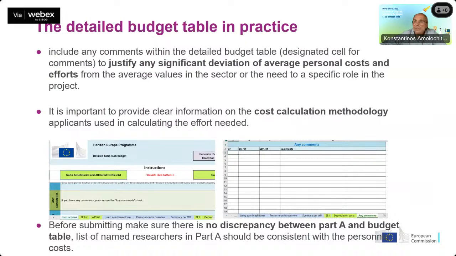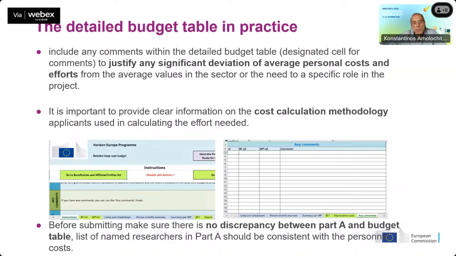Another important aspect to consider from what we have seen is that it's very important to include justified information in the comment section. We have a comment section in the table where you can justify the significant deviations or the average personnel costs and the different efforts.